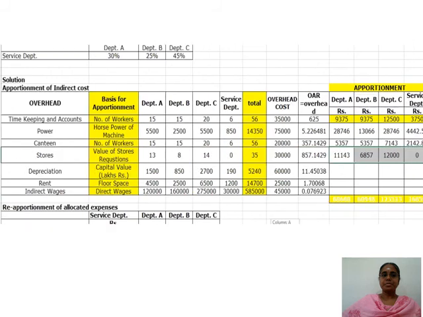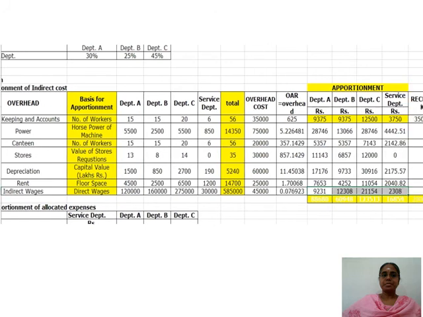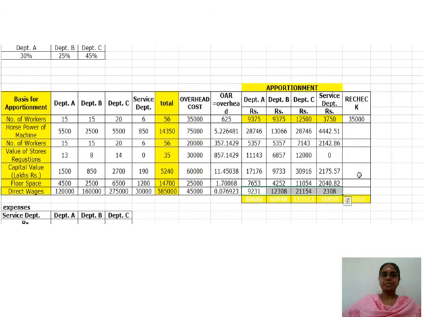For the other overheads, I hope you remember the overheads. It is stores, depreciation, next is depreciation and rent and for indirect wages. I want you to do on your own and check the values here.